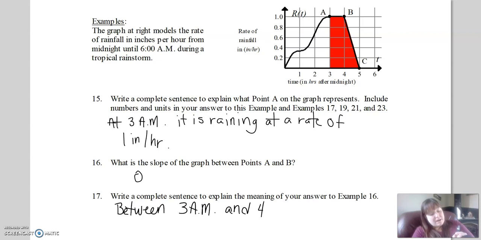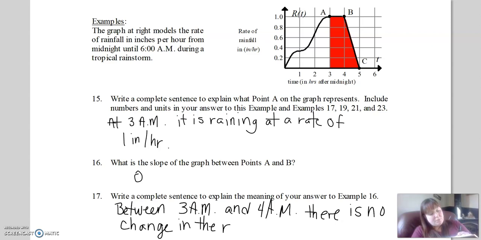And 4 a.m., the rate of change of rainfall stayed constant, or we could say there is no change in the rate of rainfall.